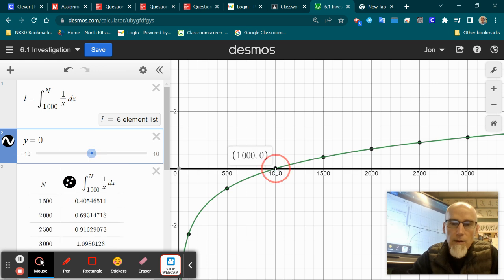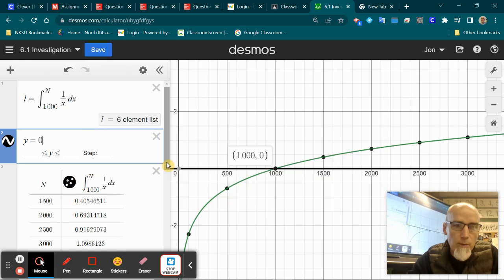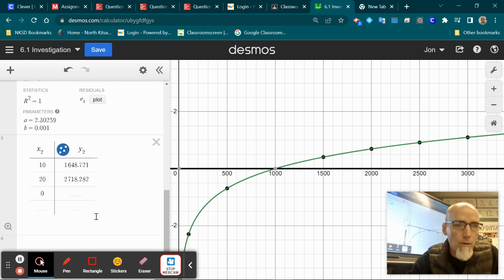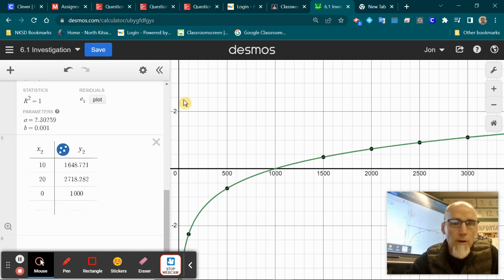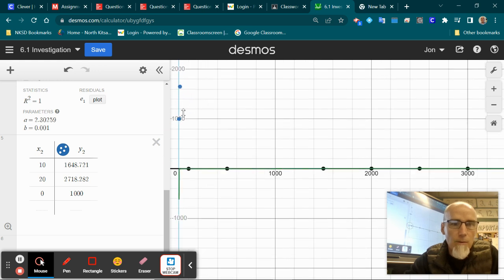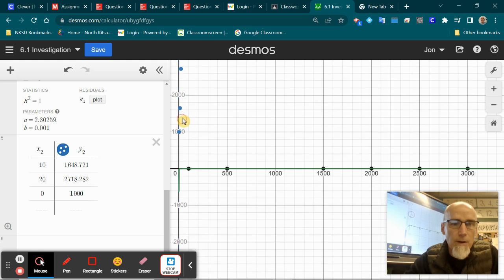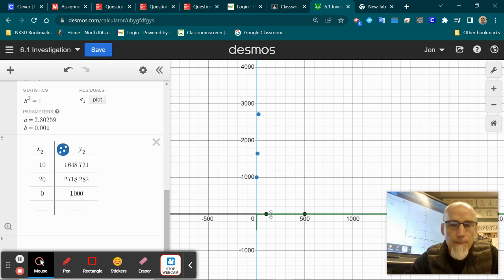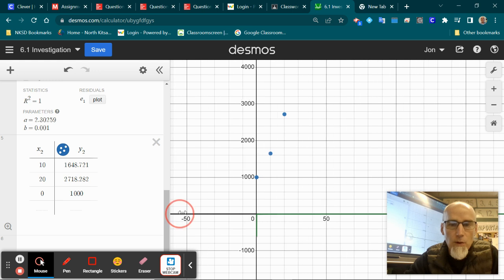So where does that happen? At 1,000, right? Okay, so let's go down to our table and put 1,000 in there for that guy. So 1,000. And now we're going to crunch the y-axis so we can see those numbers up there. Where the heck are those numbers? There they are. Okay. And then I need to stretch out this axis so we can see those numbers a little bit more.